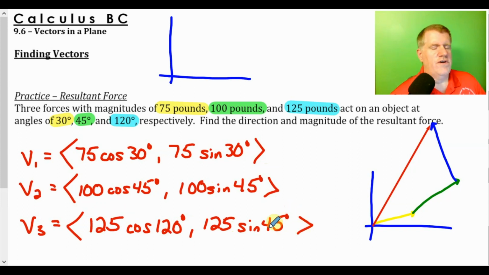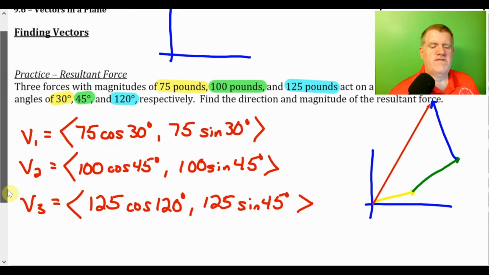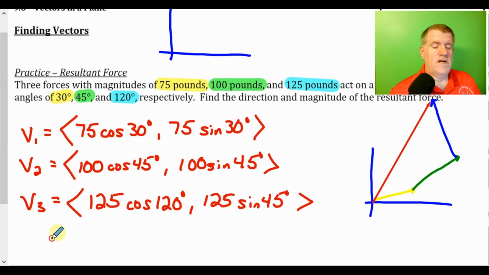You can use all your unit circle knowledge and all that fun stuff and try to come up with an answer, but you know what? I just plugged it all in the calculator. The resultant vector, which I'll call V sub r, after I added all of these together, I got 73.16.